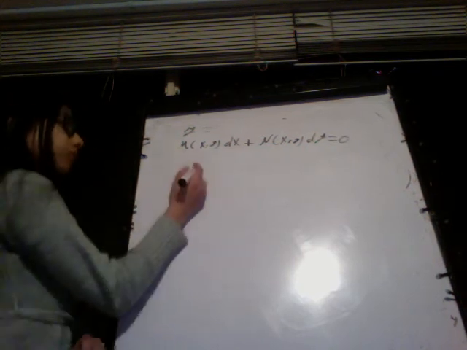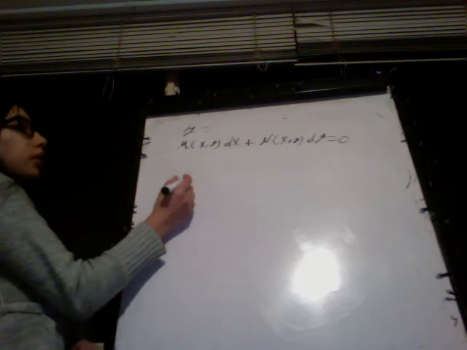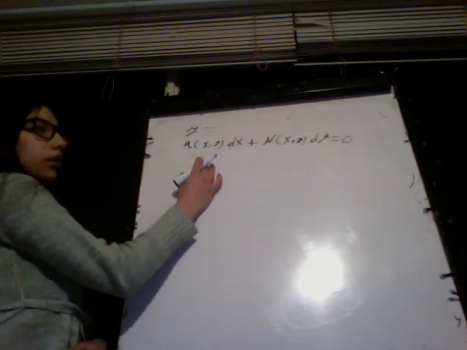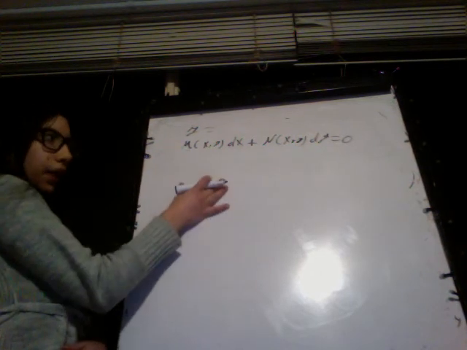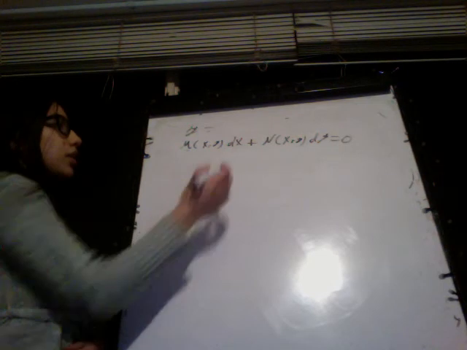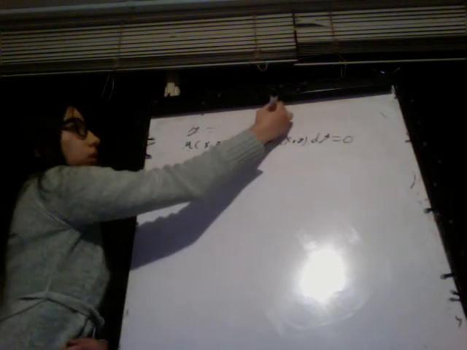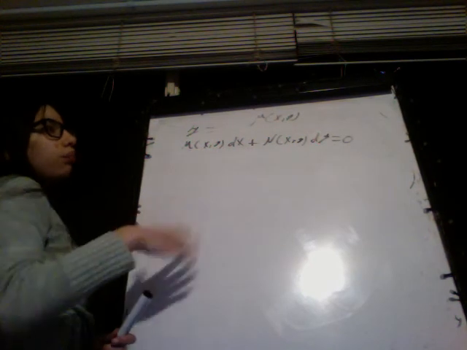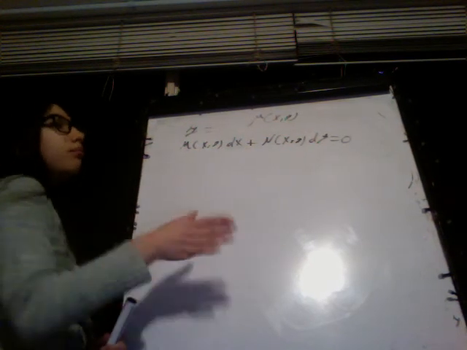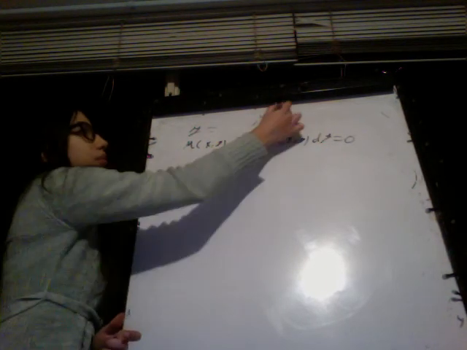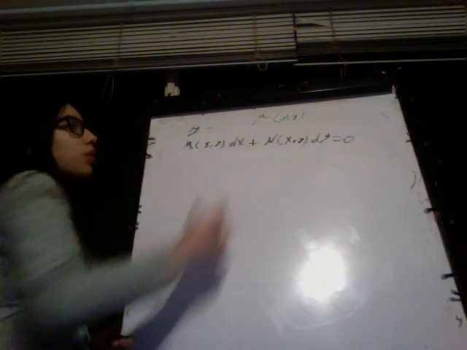Alright, so we know that when we multiply by the integrating factor, the equation is going to be exact. So let's call mu of x,y the integrating factor.